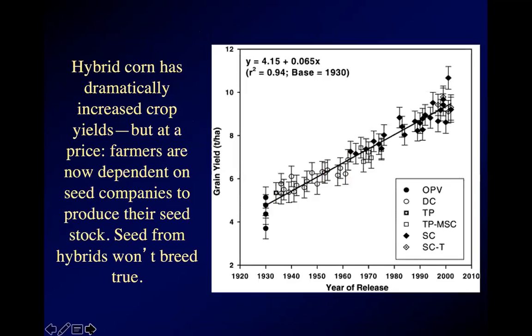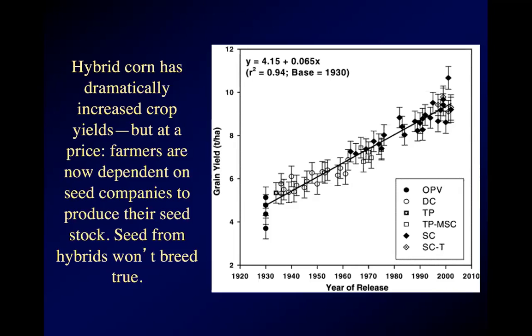That's responsible for dramatically increasing crop yields. This graph, the y-axis is tons of corn produced per hectare. Hectare is 3-point-something acres, I think. And OPV stands for open pollinated varieties. That's the corn where you save the seed and plant it from one generation to the next.